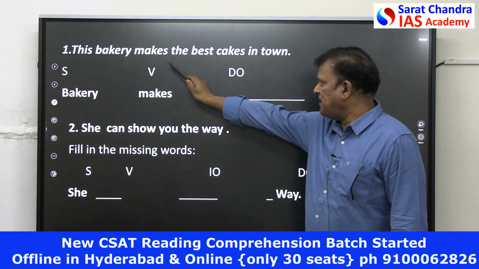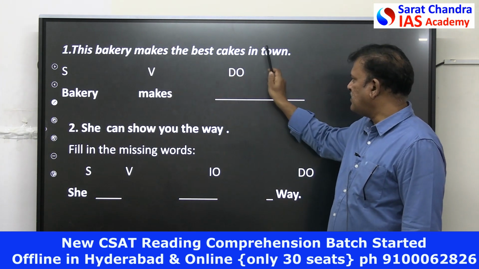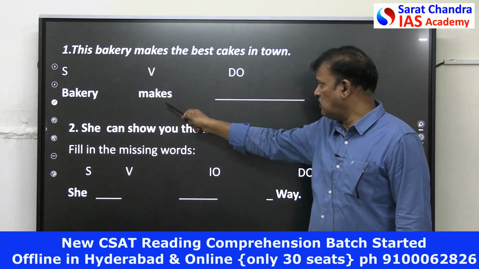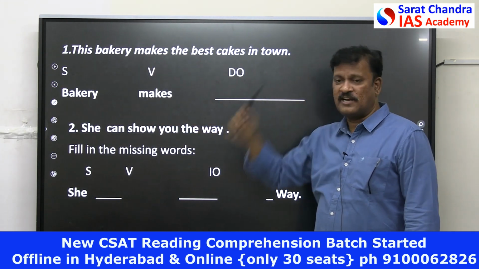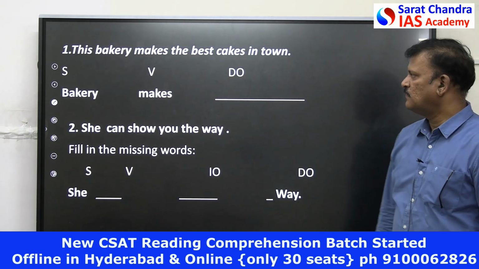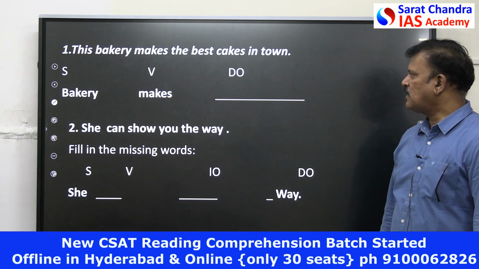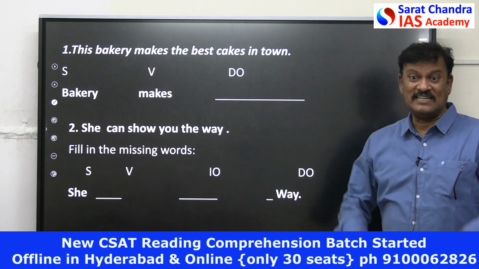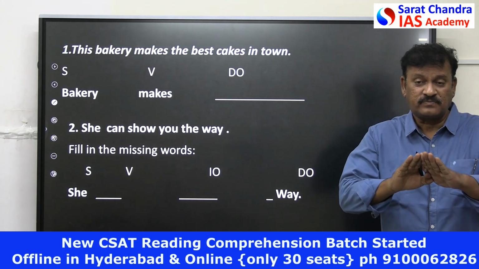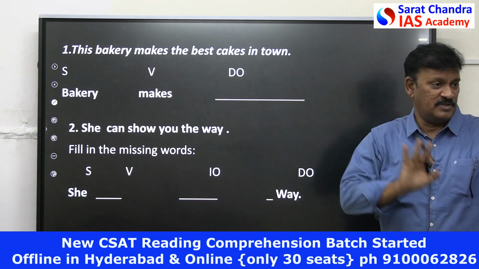This bakery makes the best cakes in town. Already he has given subject, he has given verb, he is asking you to give the direct object. When I ask you to look at the basic sentence structure, first remove the extra information.